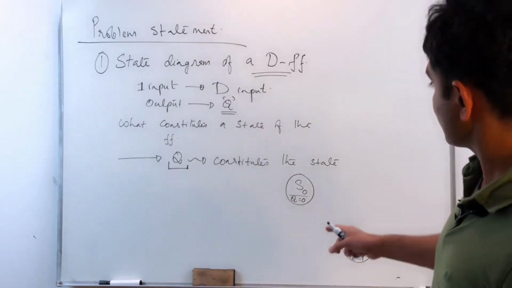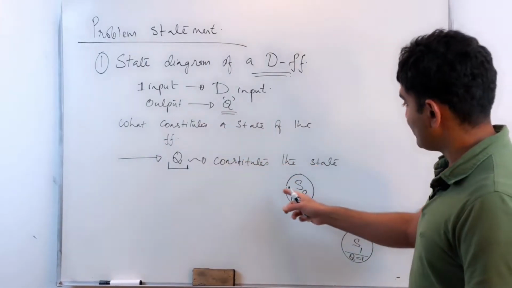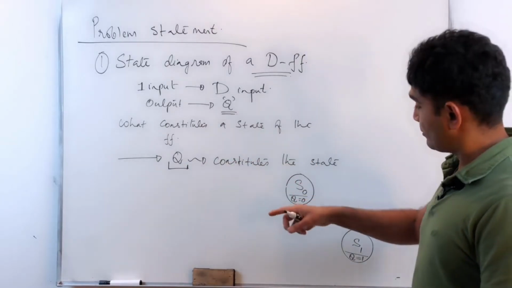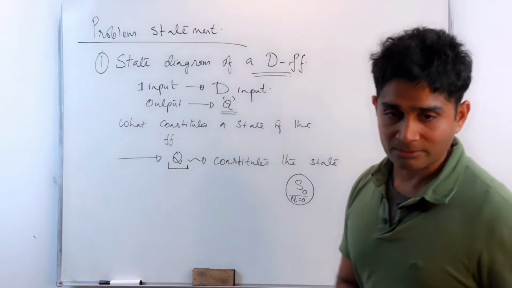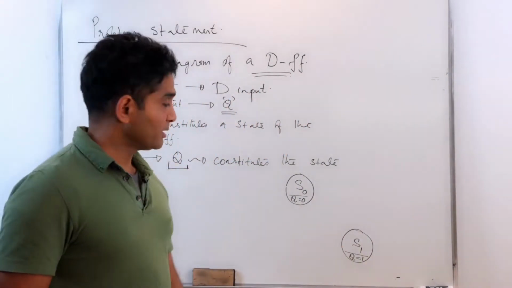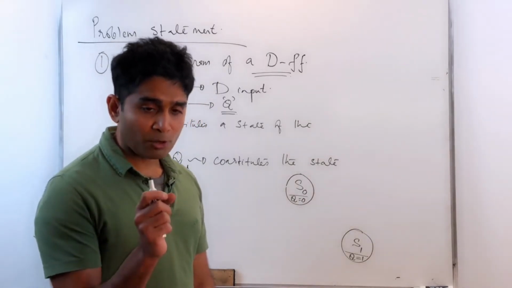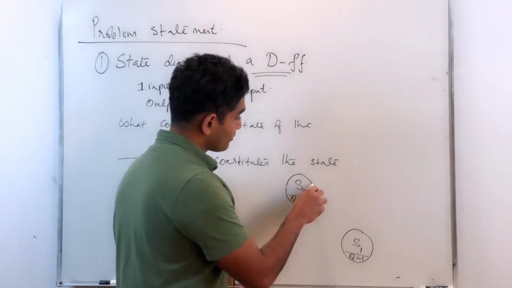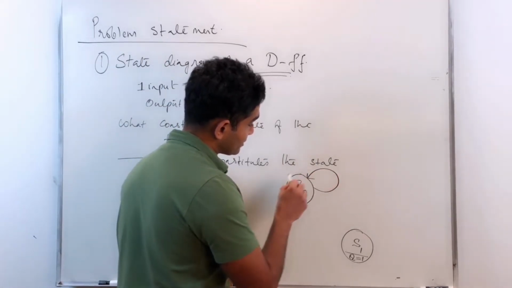Should I remain in the same state? That means in the next clock cycle, would I be remaining in the same state, or would I be transitioning to the different state, S1? If an input of D equal to 0 occurs, for a D flip-flop, again the output follows the input. So if an input of D equal to 0 occurs, I remain in the same state in the next clock transition as well.